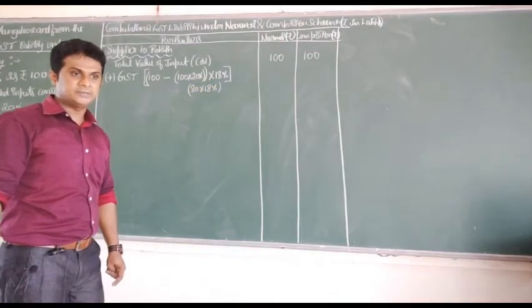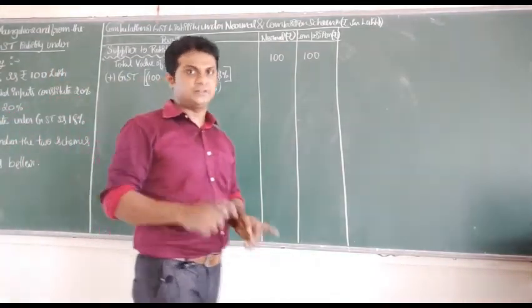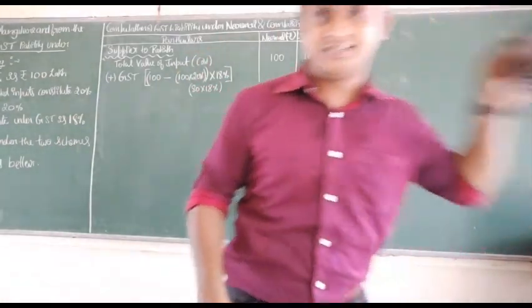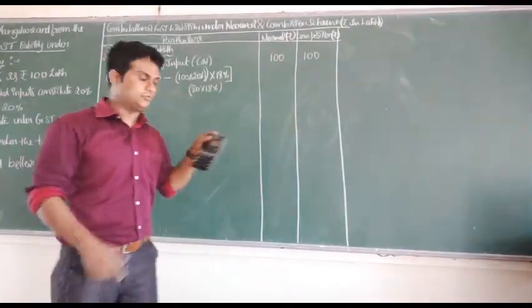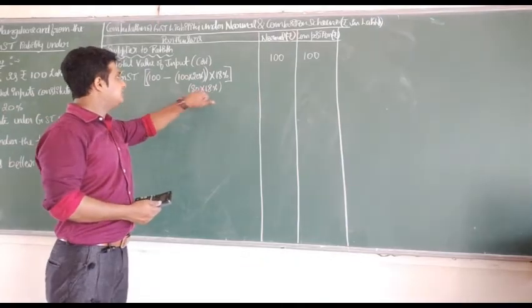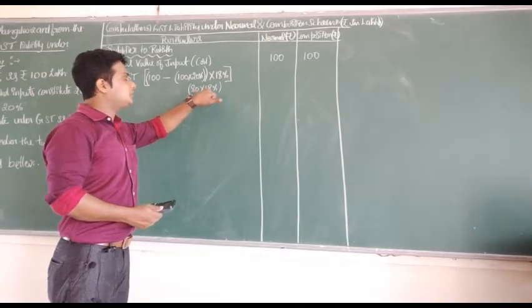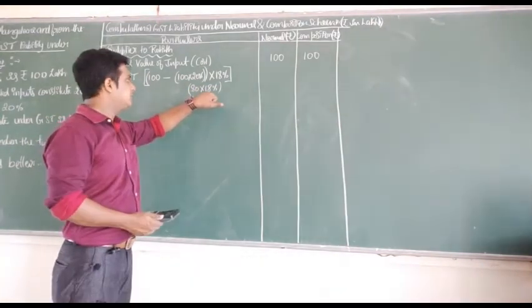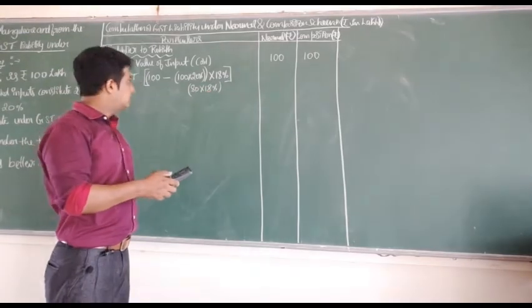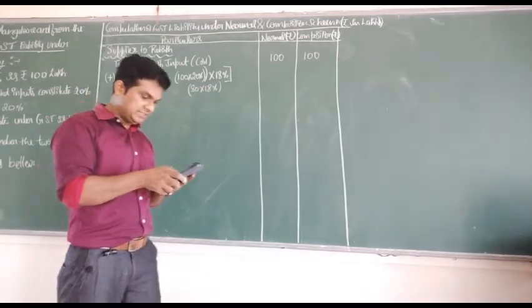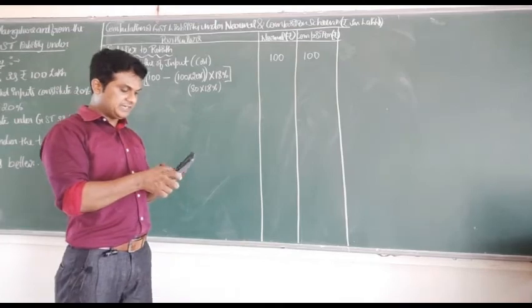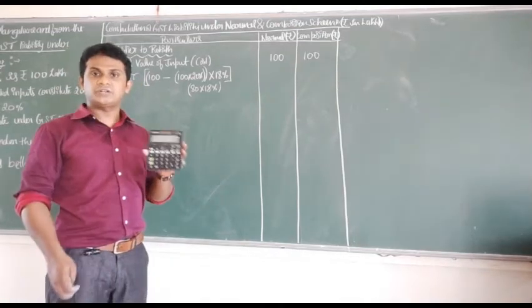80 into 18%. Use your calculator and find out the value. I use my calculator to find out the value. So it is 80 into 18 divided by 100, which is 14.4. Yeah, let's see once again. 80 into 18% is equal to 14.4.